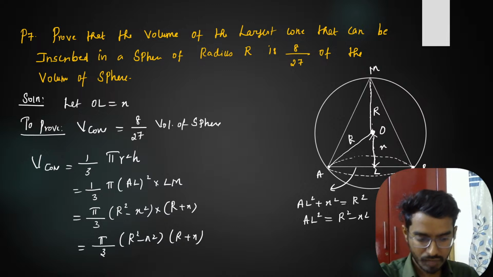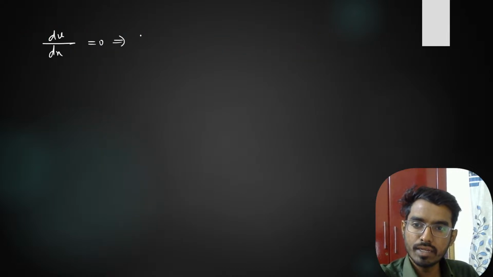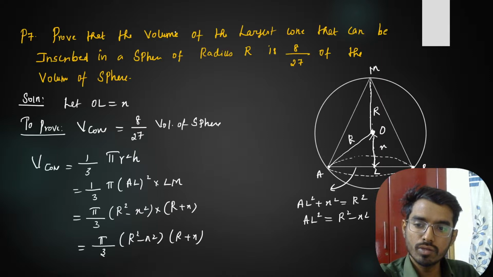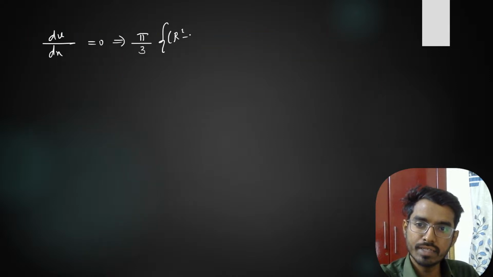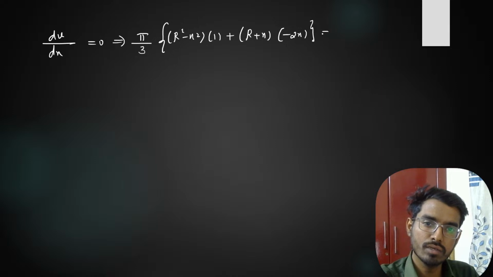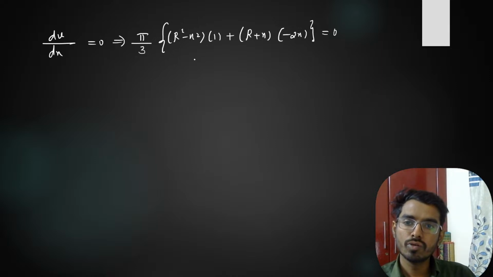So we will find dv by dx is equal to 0. So pi by 3 is constant. So we will keep r square minus x square as it is. Derivative of r plus x is 1. We will keep r plus x as it is. Derivative of this is minus 2x. Equal to 0.